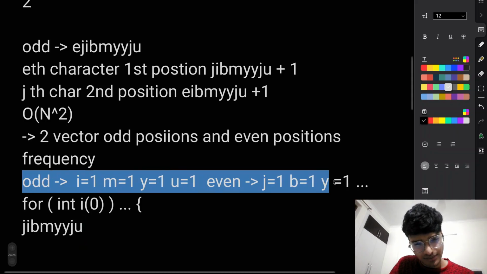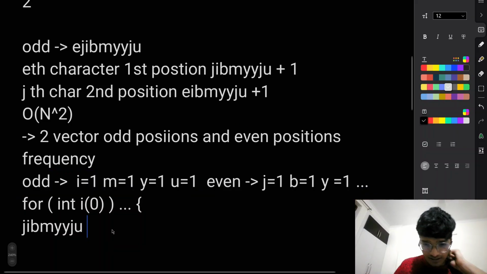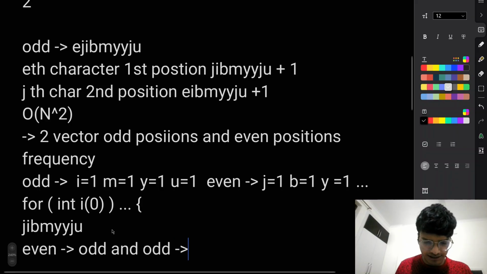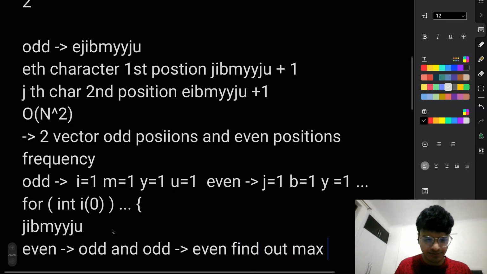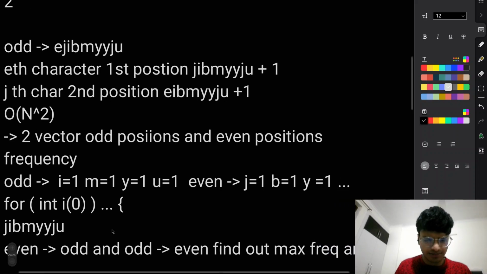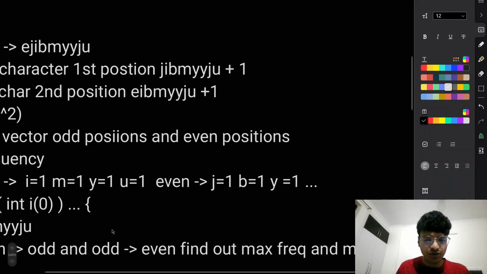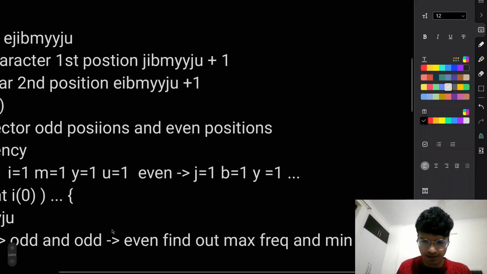We just make sure that even behaves like odd and odd behaves like even. We have just pre-computed this part, and then we will find the maximum frequency and minimum frequency in the 26-length array.